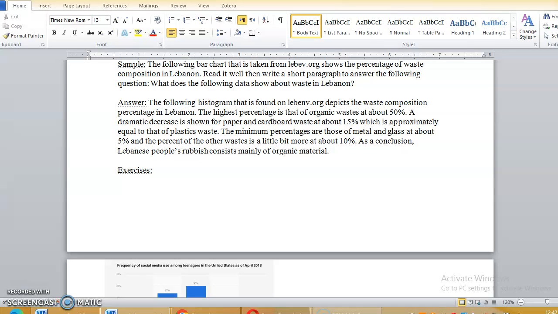A dramatic decrease is shown for paper and cardboard waste at about 15%, which is approximately equal to that of plastic wastes. The minimum percentages are those of metal and glass at about 5%, and the percent of the other waste is a little bit more at about 10%. And then, as a conclusion, Lebanese people's rubbish consists mainly of organic material.